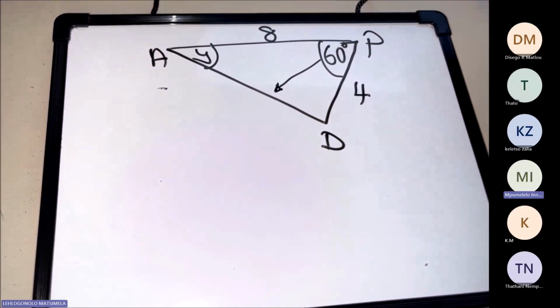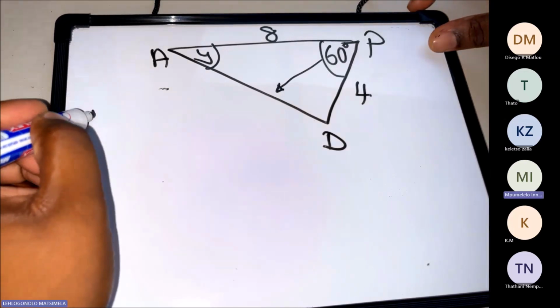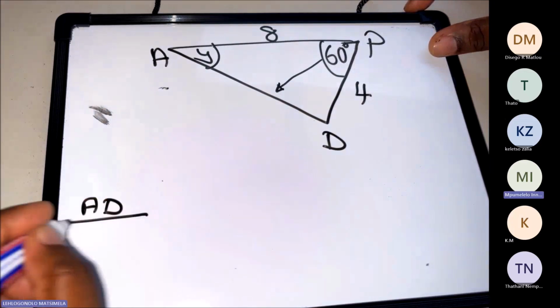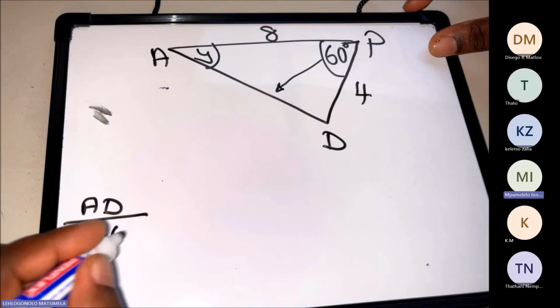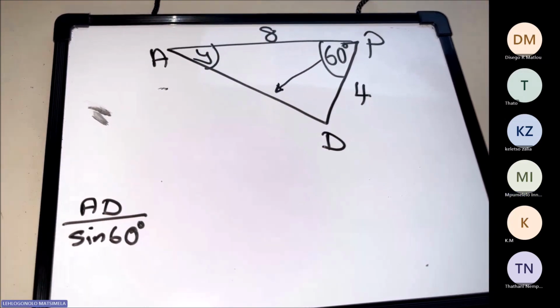The side in which this arrow is pointing is the one opposite to the angle. Then we will say side AD, let me write it here, side AD is opposite to angle 60. So it's AD divided by sine 60. I'm creating the sine rule formula for this one.